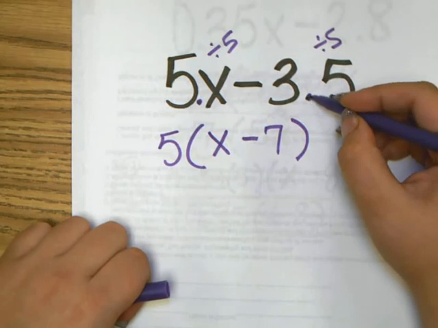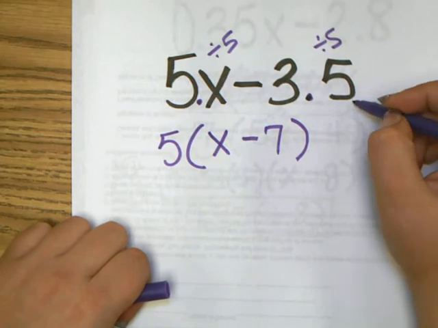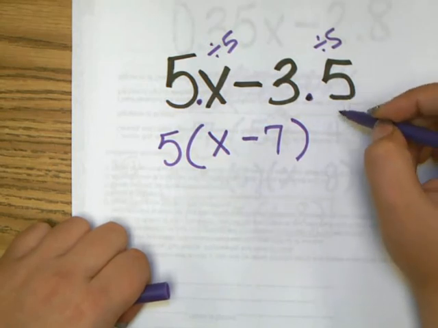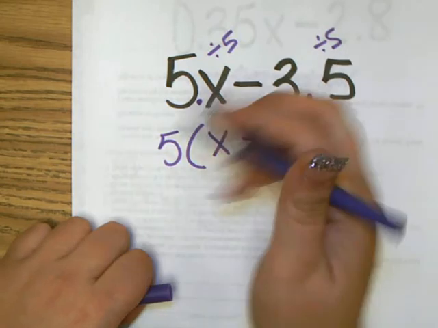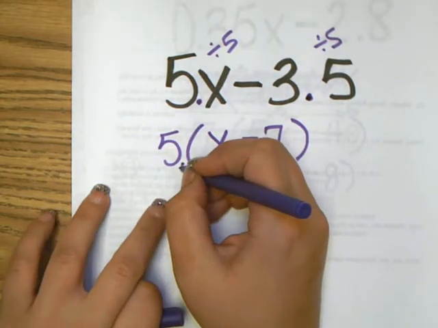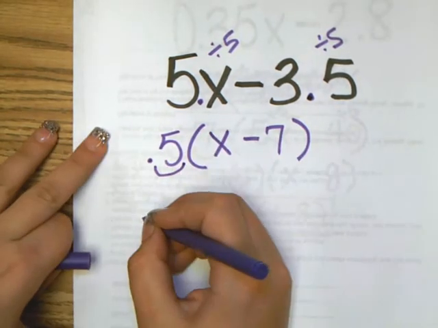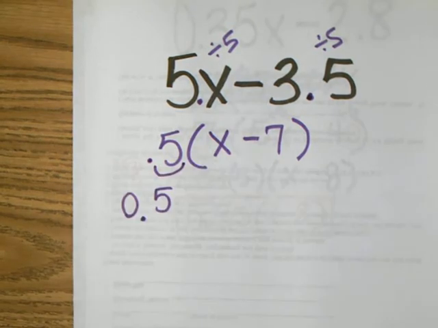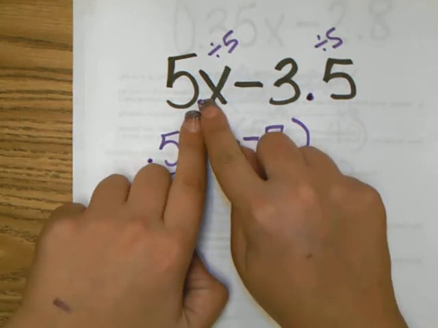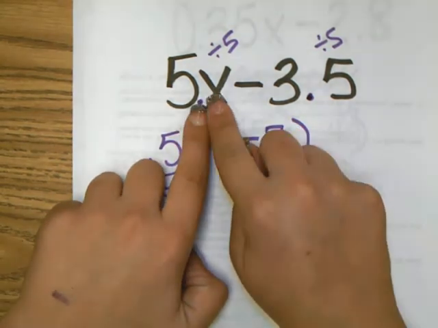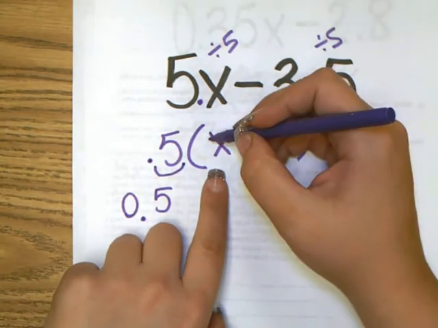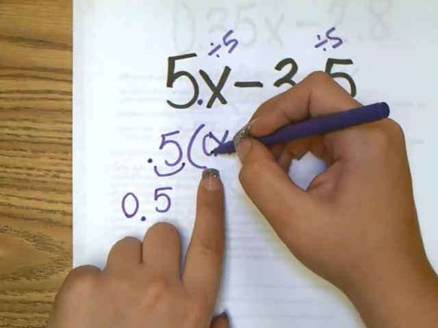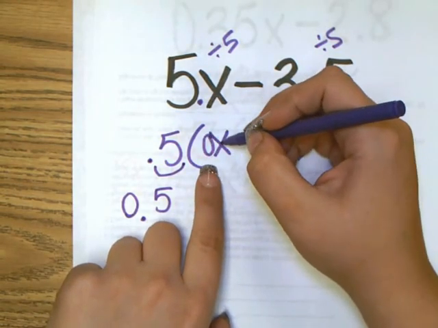Okay, now let's worry about the decimals. How many numbers after the decimal here? None. How many numbers after the decimal here? 1. So the greatest amount of numbers after the decimal is 1. So I need to move the decimal here once. So now it is 0.5. Does this have one number after the decimal?